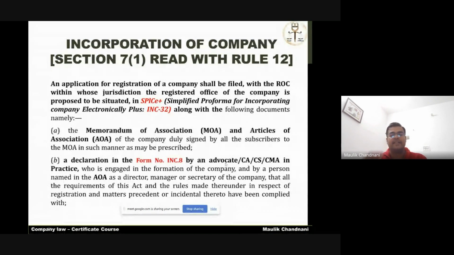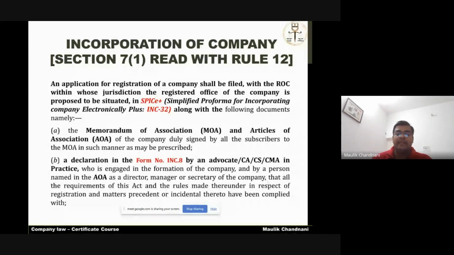It can be a practicing advocate, a practicing CA, CS or CMA, who will declare that he or she has gone through the entire legal procedure and all the legal documents presented in the course of promotion and incorporation, and all the legal formalities have been complied with. This declaration will be given by the practicing professional.